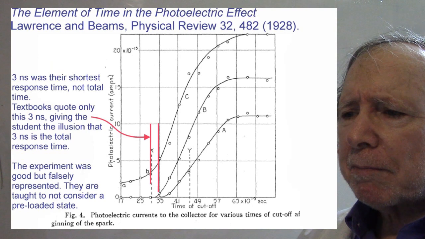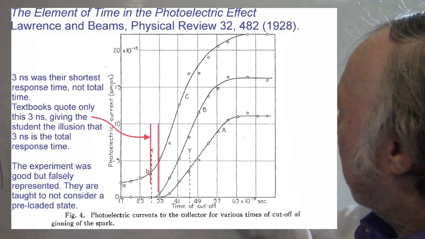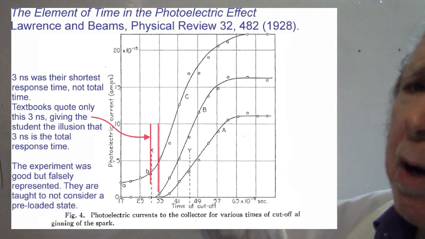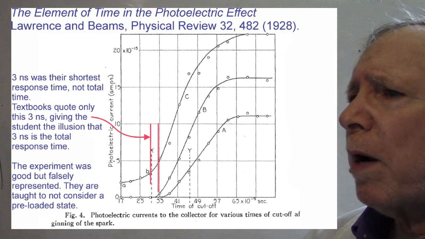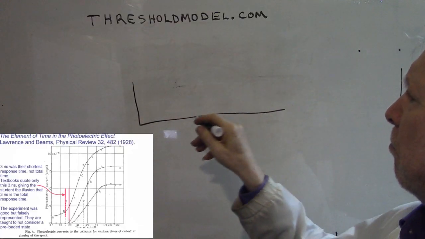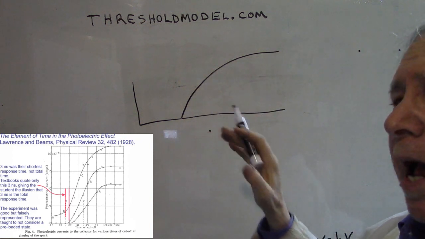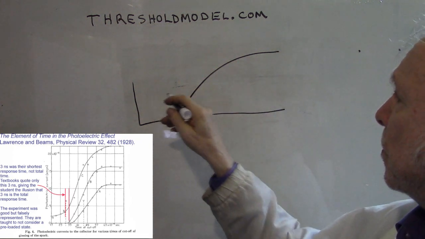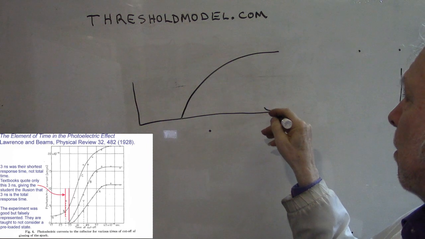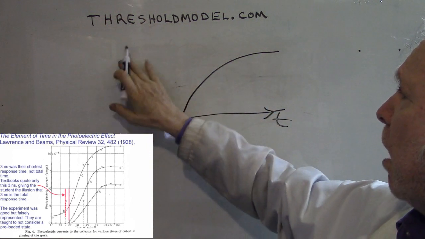1928, the element of time in the photoelectric effect. A beautiful experiment by Lorentz and Beams where they were able to read the element of time in the photoelectric effect. How quickly does the photoelectric effect respond in terms of emitting current?